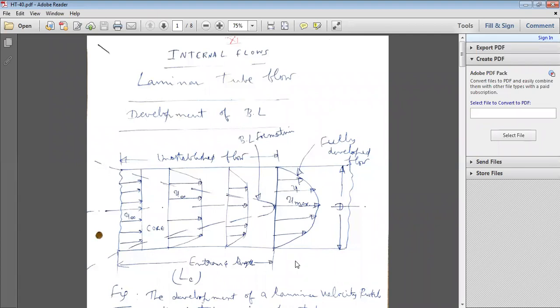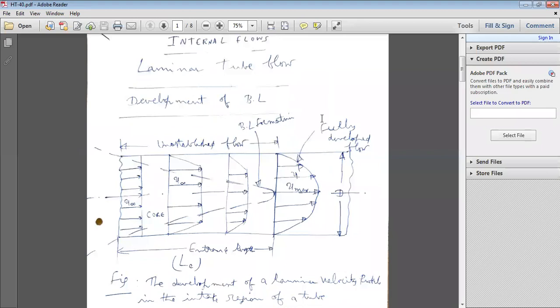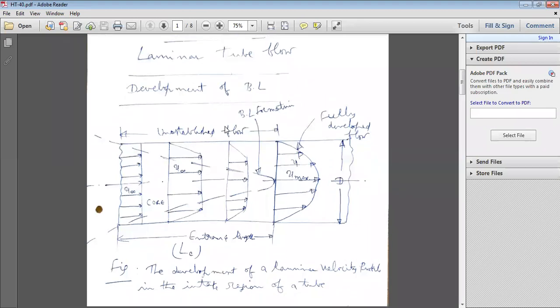So this is a tube, laminar flow. If we consider laminar flow, how is the boundary layer developed inside the tube?